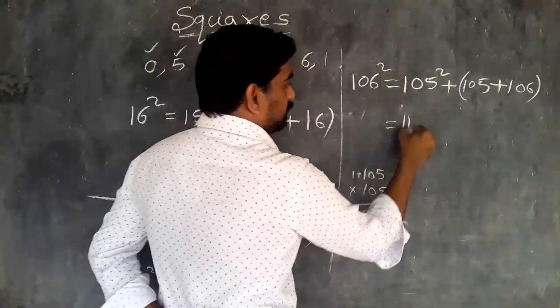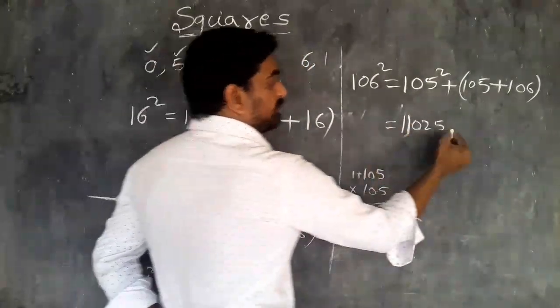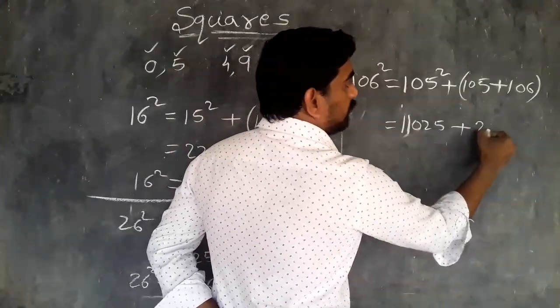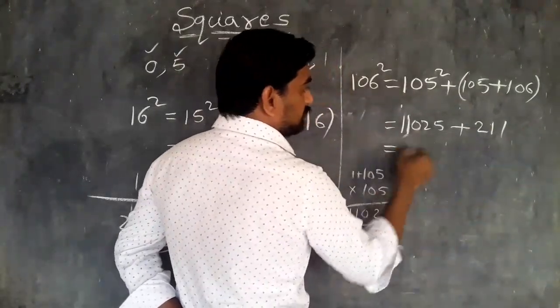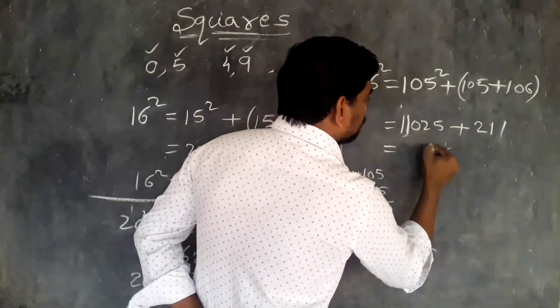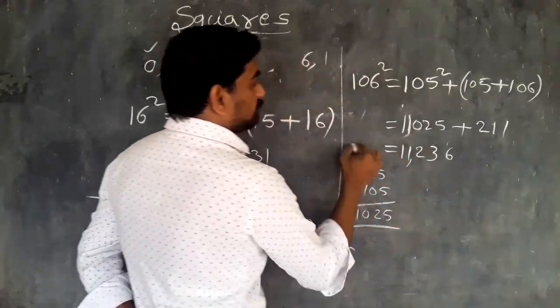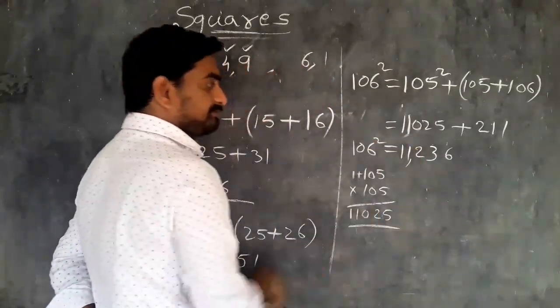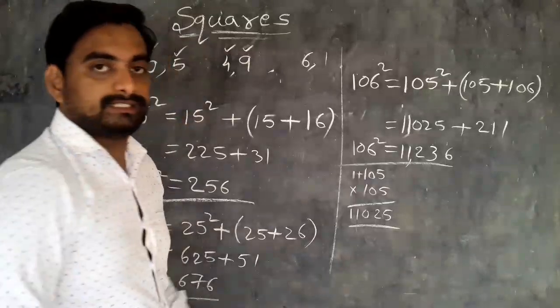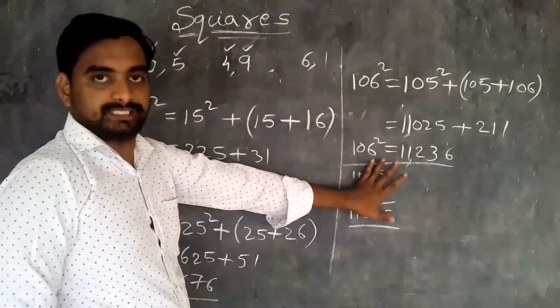So that number is 11025. And we add both, 211. So the final answer is 11236, the 106 square. We easily write triple digit square numbers also based on this technique.